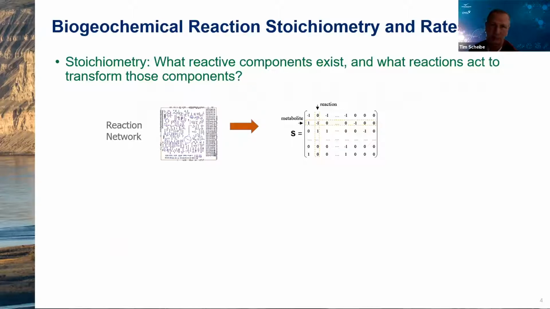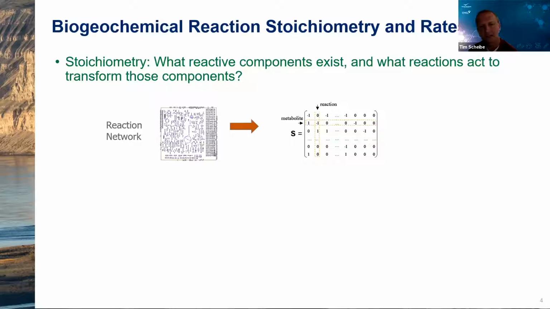And we might represent that reaction network in some sort of pathway representation like a map, or we might represent it as a matrix type of representation where each reaction is represented as a column, and each metabolite that contributes to those reactions is represented in the rows, and the coefficients represent the stoichiometric coefficients of our reactions.